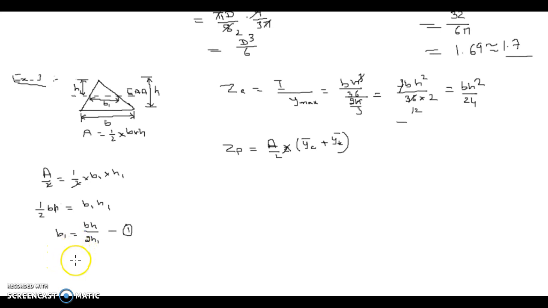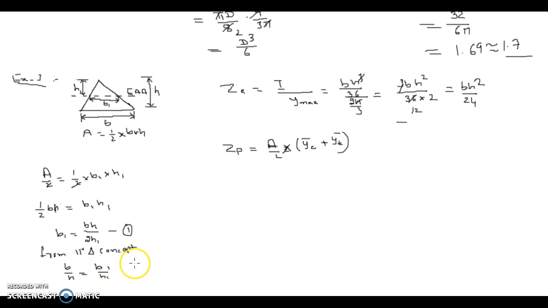Now again, from similar triangle concept, I can write B by H should be equal to B1 by H1, right?